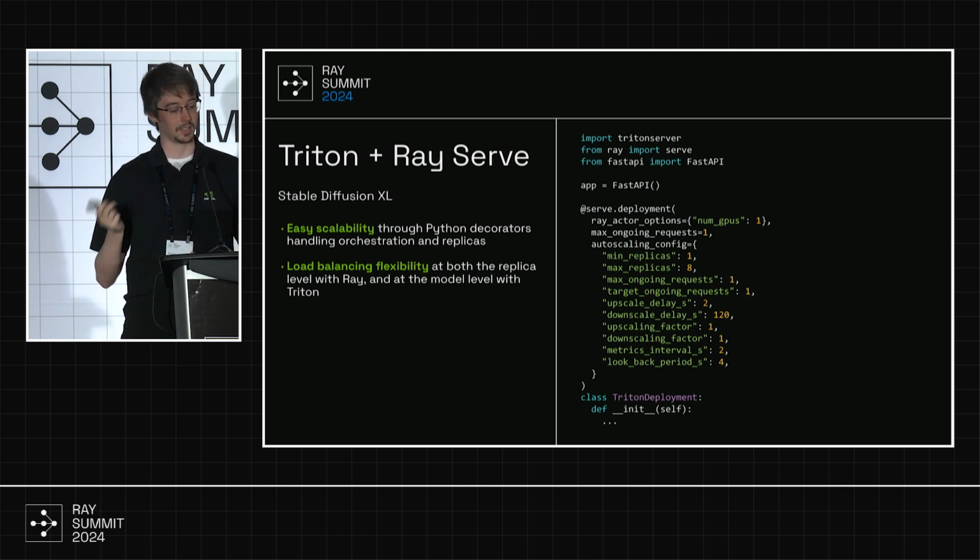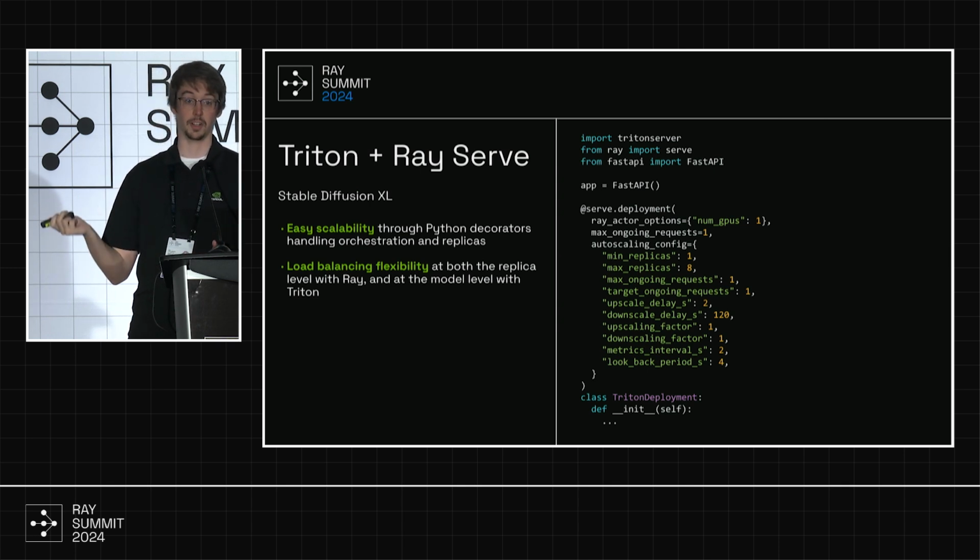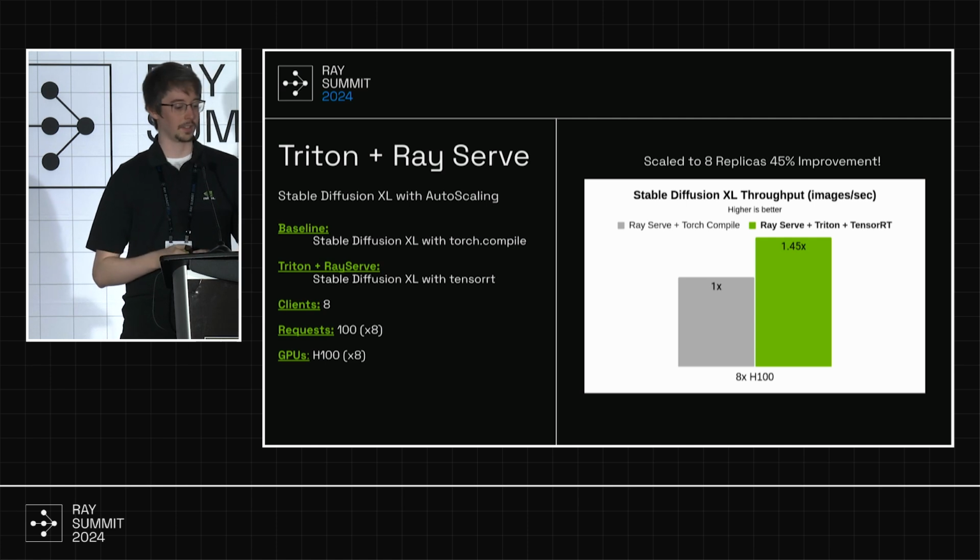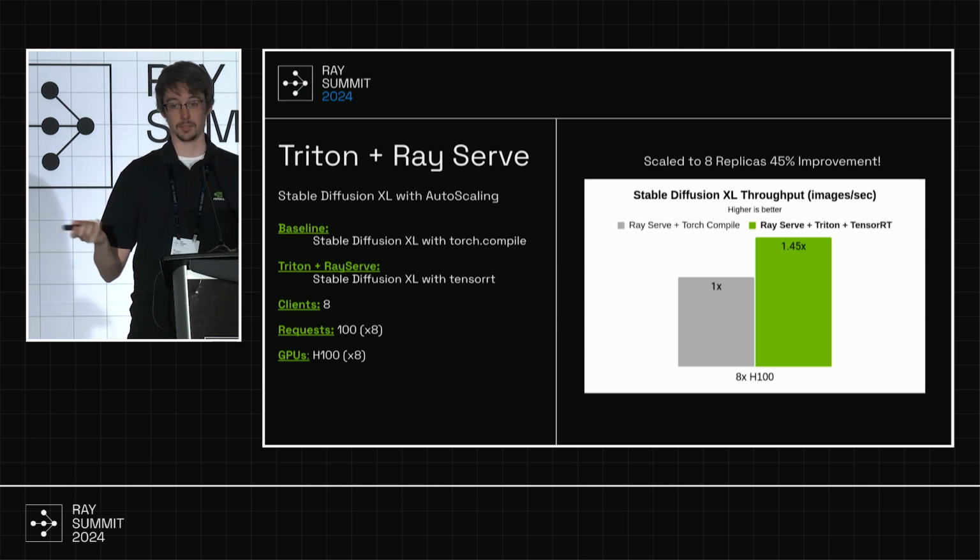So we can run our same experiment and see how we do when auto-scaling. That's what we get here. We scale up to, we defined a max of 8 GPUs in our deployment in the previous slide, and we saw a 45% improvement when you start to scale this up. As you scale it out, you get bigger and bigger gains. You may wonder, if it was a 10% improvement for one GPU, why is it not an 80% improvement for 8 GPUs?